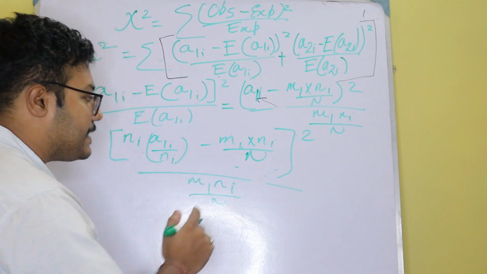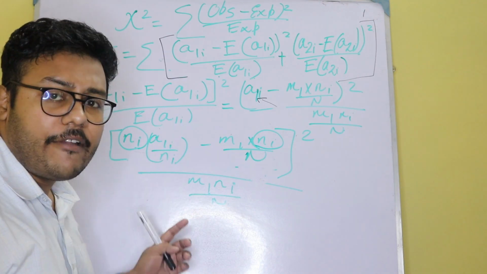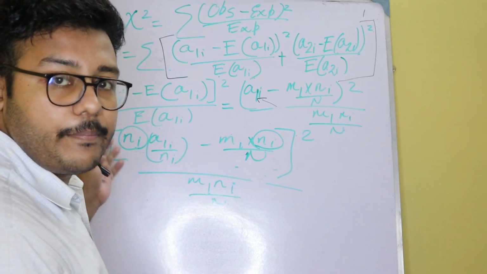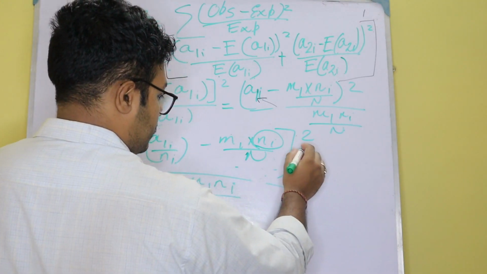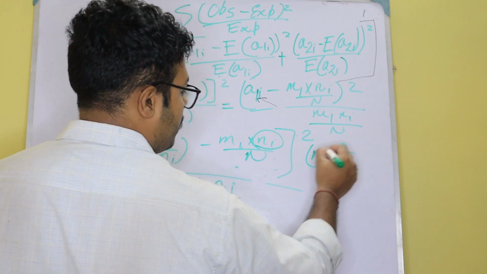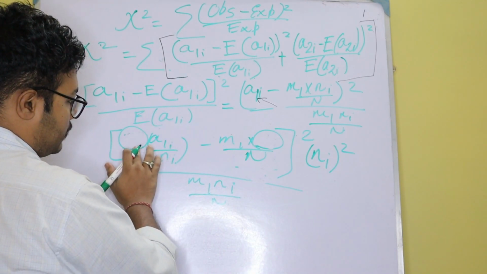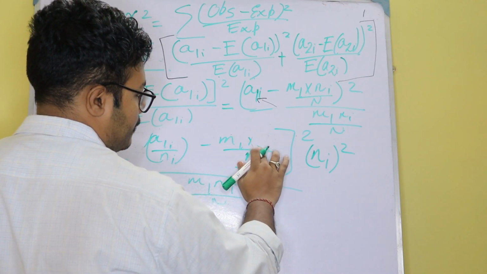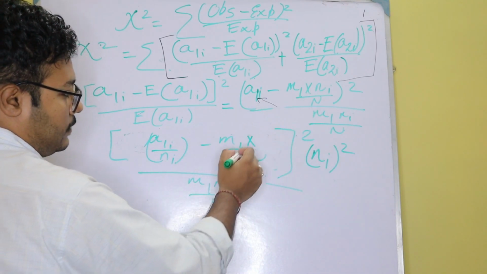You will see in both the cases this ni is a common term. So I will take this ni as common, and I will take this out of this bracket. If I take this ni out of this bracket, it will become ni whole square, and these ni's will be gone. So the final expression I get will be like this. I have just taken this ni common.